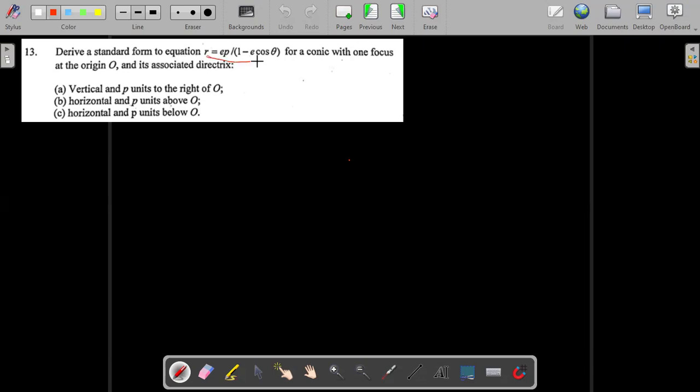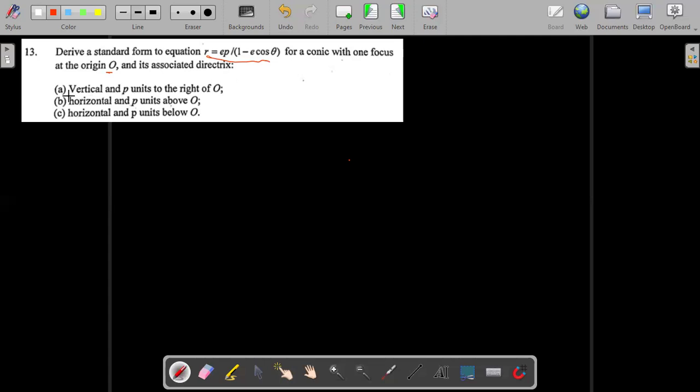So they've given us this form here, for a conic with one of the foci, and they tell us one of the foci is at the origin, and its associated directrix.